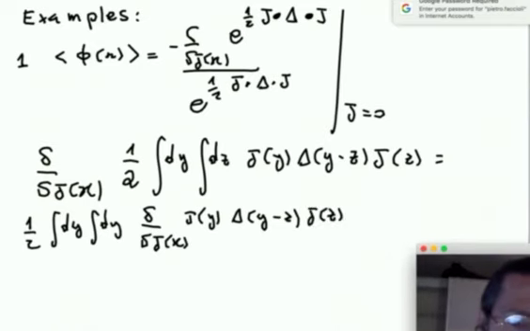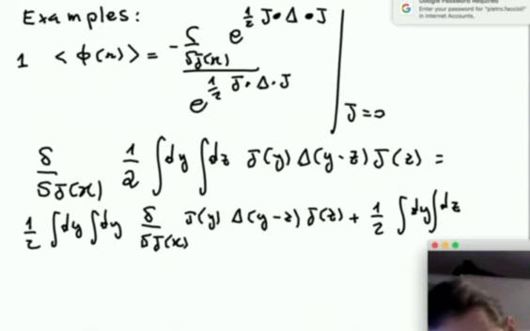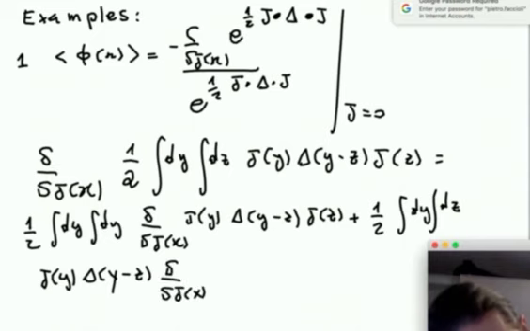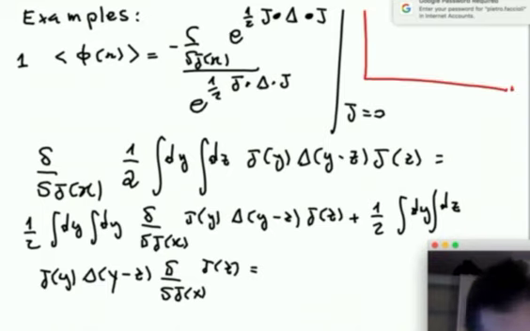And then I have a functional derivative, dy dz, and then I have J of y delta of y minus z, and then the functional derivative with respect to J of x of J of z. Now, remember our result that we had in one of the last lectures. I will copy it down here.